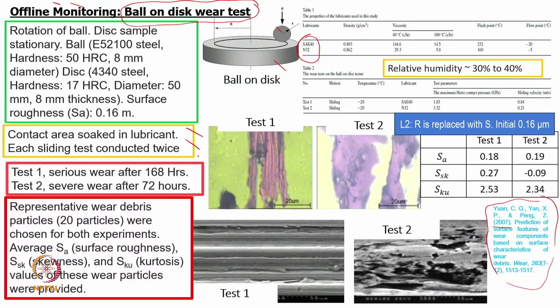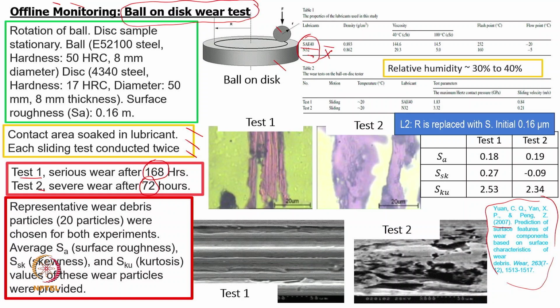They soaked the lubricant so that it remains there, and then they tested; the first one is SAE40, the second is something like N32. Severe wear in N32 occurred after 72 hours, while in the first case it was 168 hours. So from that point of view, I can say that N32 is bad and SAE40 is a good option.